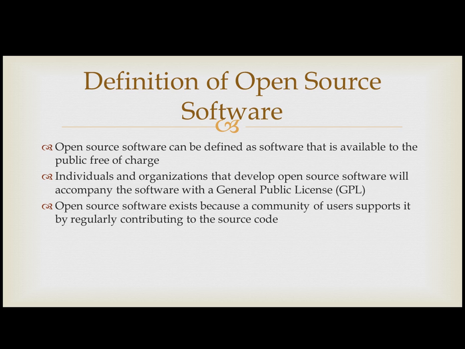individuals and organizations that develop open source software will accompany that software with a general public license. The general public license gives people who use that software free reign over it with some limitations. Open source software exists because a community of users support it and regularly contributes to its source code.